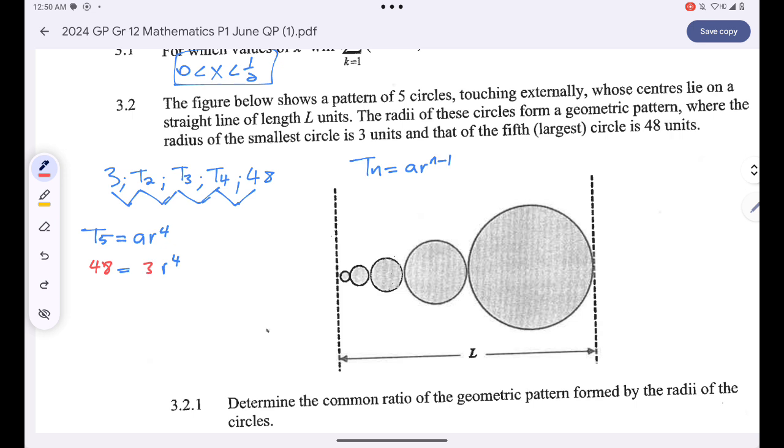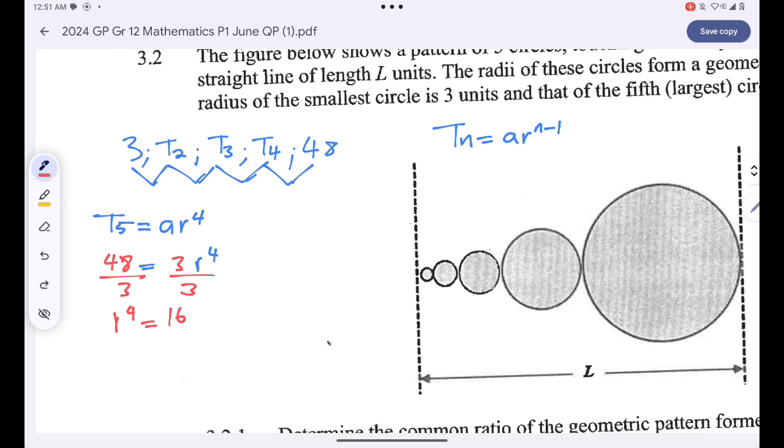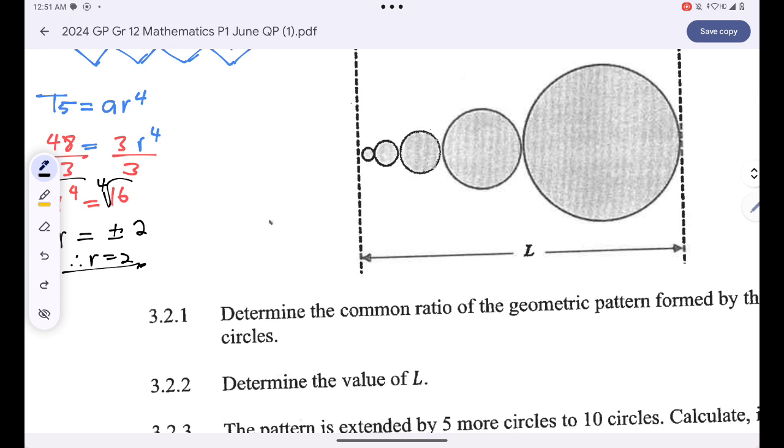I can divide both sides by 3, and then I'll simply have r to the power 4 being equal to 16. Then I'll take the fourth root on both sides, then r is equal to plus or minus 2, and then r is equal to 2, because the radius of a circle cannot be negative.